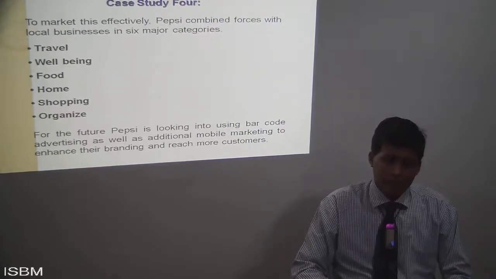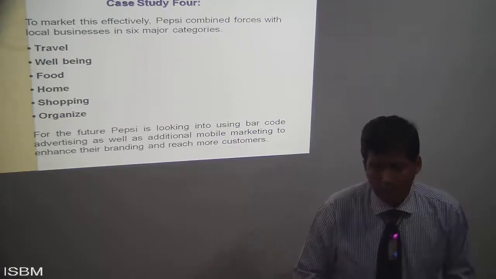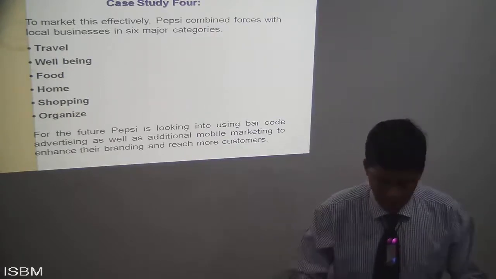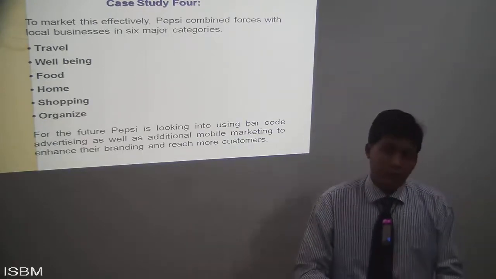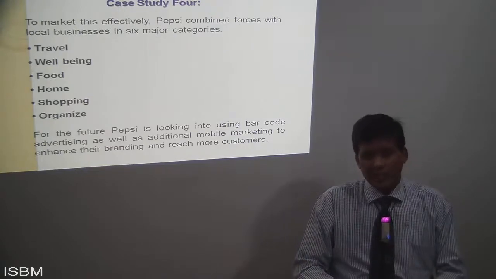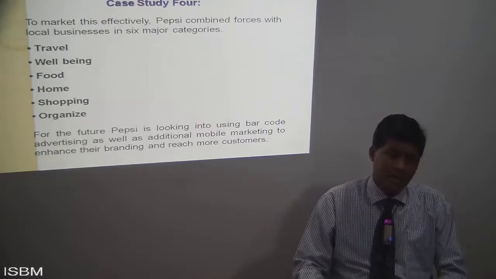For the future, Pepsi is looking at using barcode advertising as an additional mobile marketing tool to enhance their branding and reach more customers. Barcode customizing has been part of the digital wave. We have a lot of QR codes these days. On a smartphone, you just need to scan your QR codes and get the website data or the address.